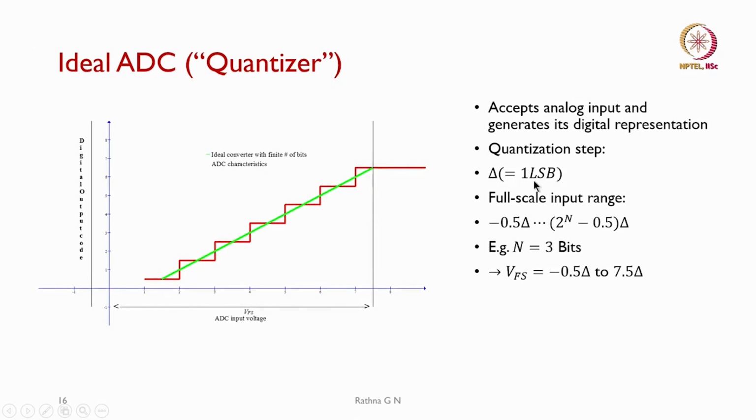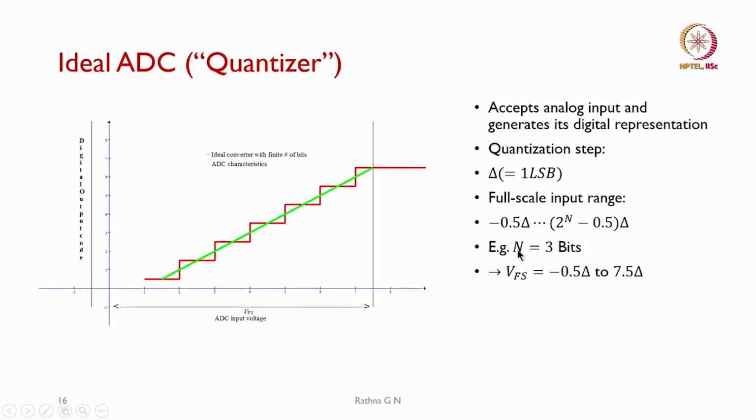If the full scale input range is represented as minus 0.5 delta to 2 power n minus 0.5 times delta, the total will be 2 power n minus 1 LSB representation. Here n is the number of bits that the processor has.